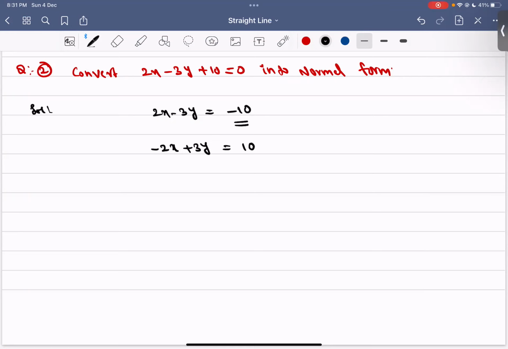Then you divide throughout, that is both sides, by the square root of minus 2 whole square plus 3 square.